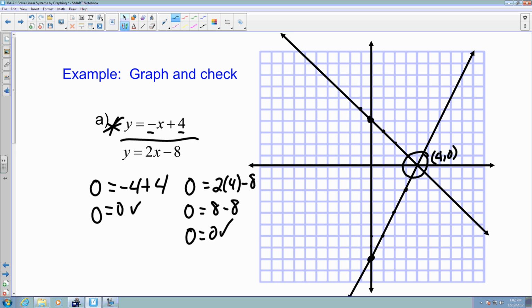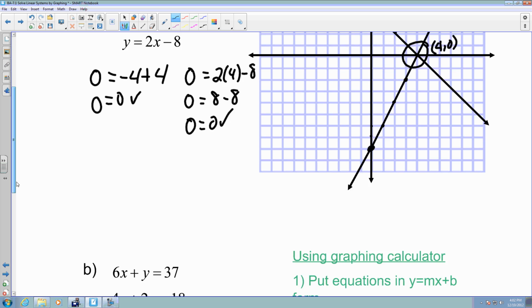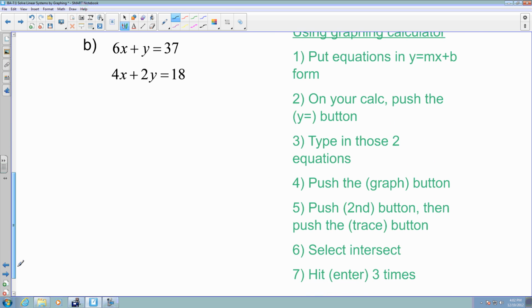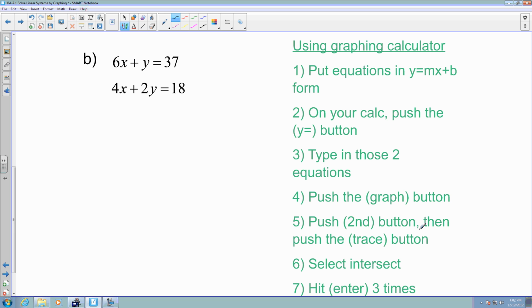That would be very tough to graph using paper and pencil, but we do have ways to do this where we can use software and calculators. So if you look here, I have two equations: 6x plus y equals 37, and 4x plus 2y equals 18.